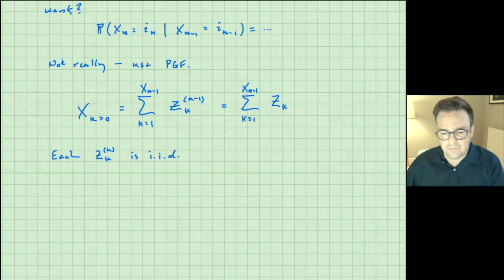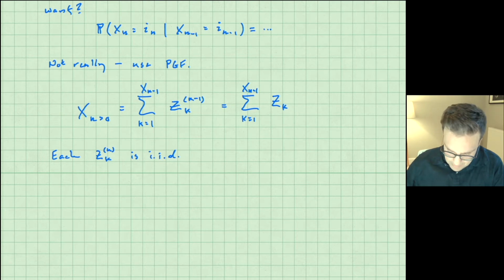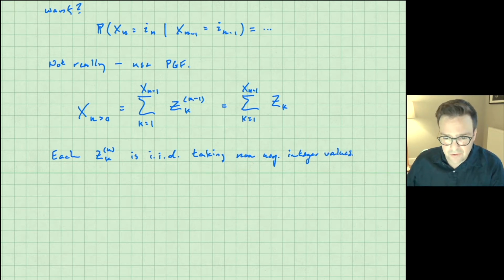And they take on, of course, non-negative integer values, and they can't be negative numbers, because that's a perfectly reasonable thing to imagine, but so we'll suppose they take on non-negative values. Integer values. So there's no half particles that come out or something like that.